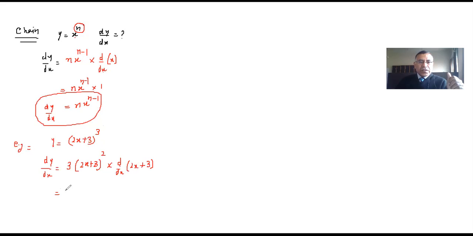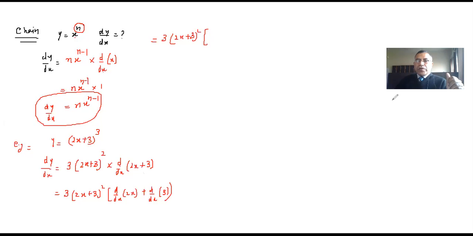So this is 3 (2x plus 3)^2 times derivative of 2x plus derivative of 3.